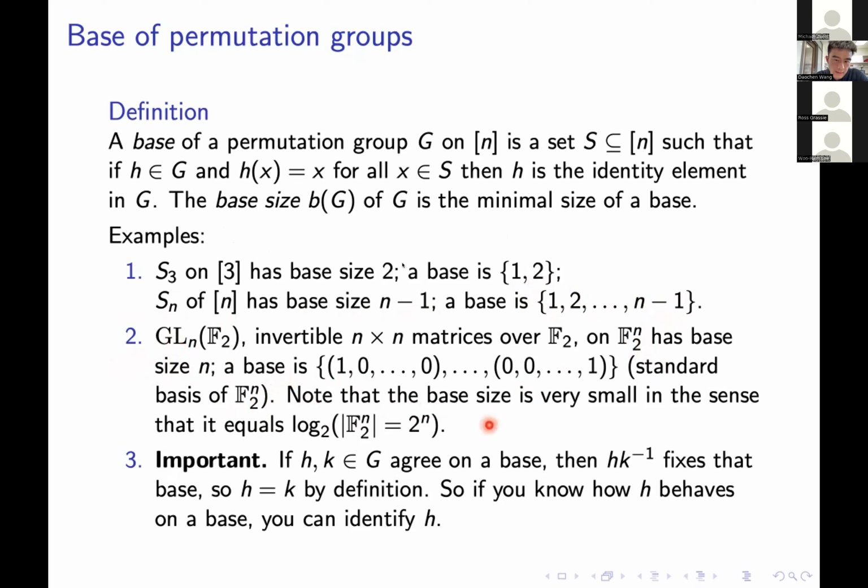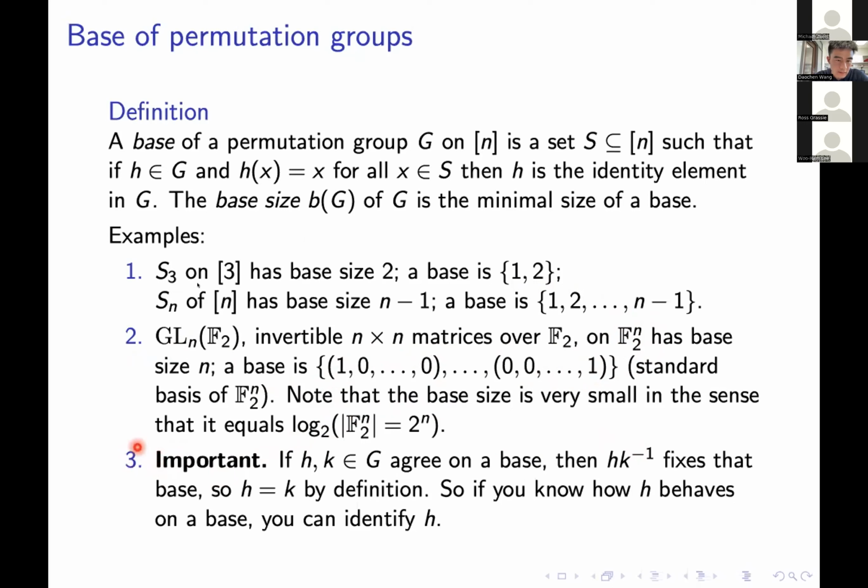I'll note that the base size here is very small, in the sense that it equals the log of the size of the set that it acts on. So the base only has size n, but the set G acts on has size 2 to the n. And this notion of small base will come up in the next slide.